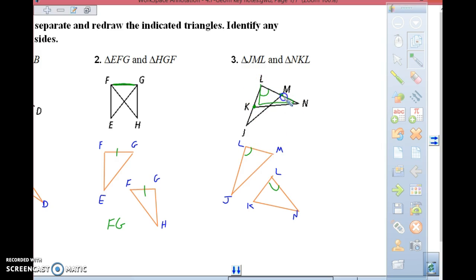So this green triangle is represented down there. So now in this one, the common angle is angle L. Angle L shows up here and it shows up there. Notice there's only one angle L, so I don't have to name it KLM and JLN. I can just name it angle L.